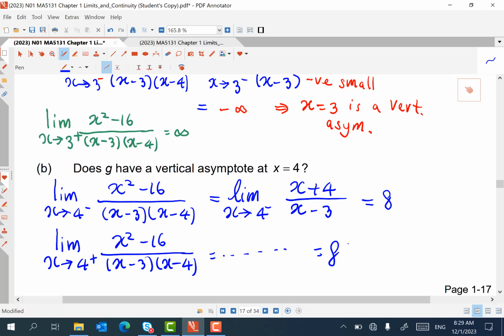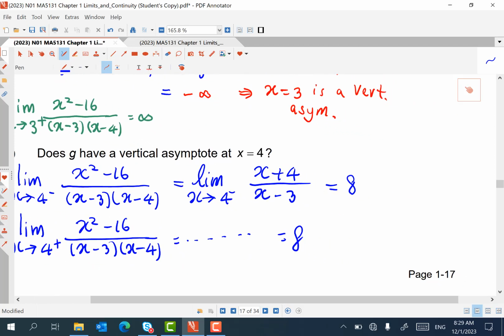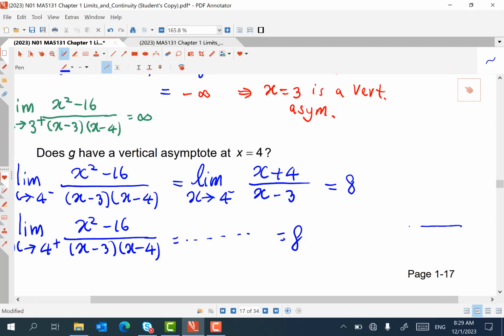Geometrically, how will the graph look? At the point 4, we know for sure that the graph is not undefined.